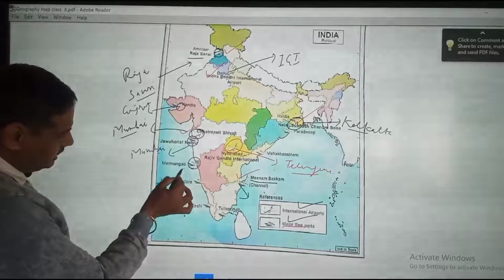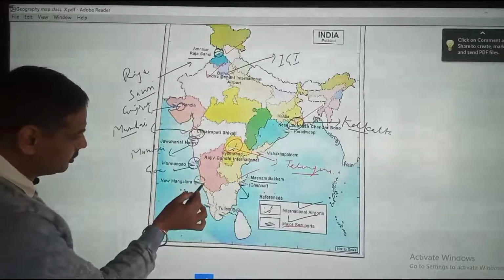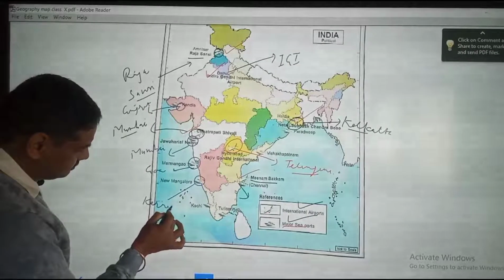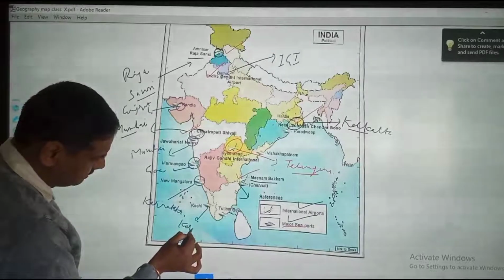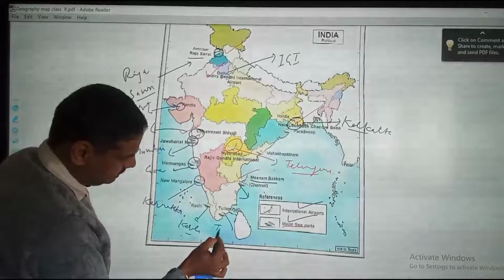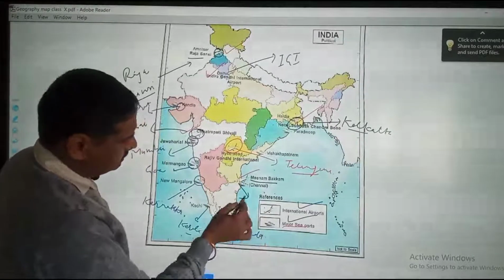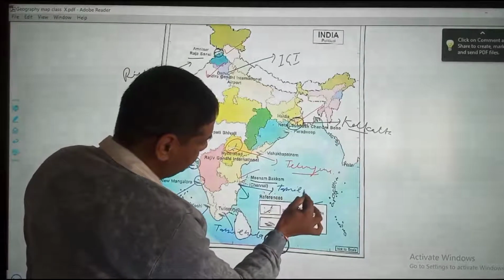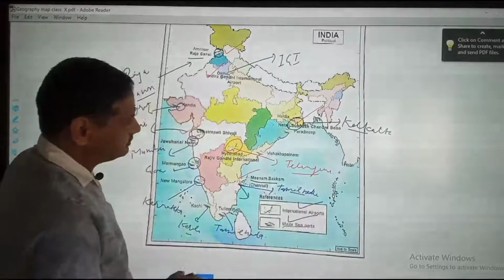Then Marmagao Port in Goa. New Mangalore Port in Karnataka. Kochi in Kerala. Tuticorin in Tamil Nadu. Then Chennai, again in Tamil Nadu. Chennai is the second busiest port of India.